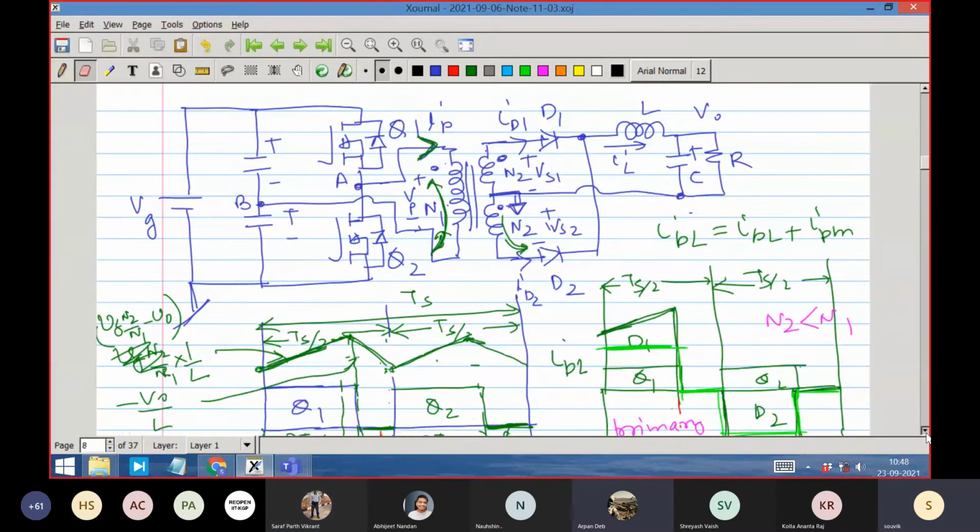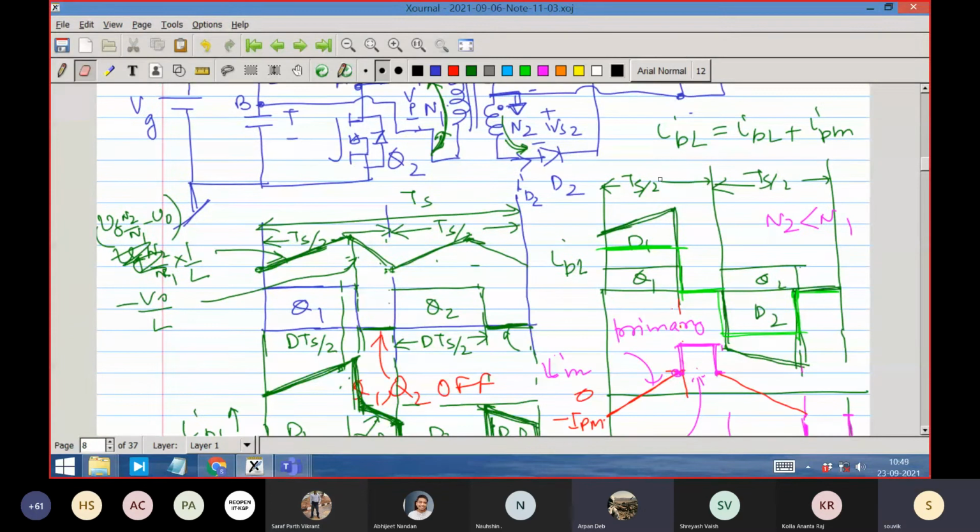Yes, so this was our load component of the current, IPL, I had drawn. Now IPM, this negative is slightly negative. You may not realize it, its magnitude is much less. So it will be slightly negative here and slightly positive here. That is what the magnetizing current is.